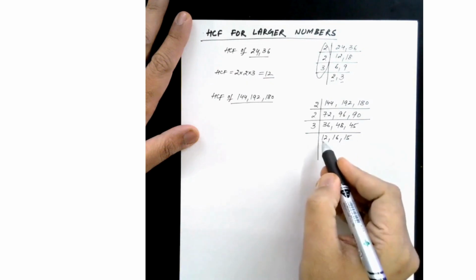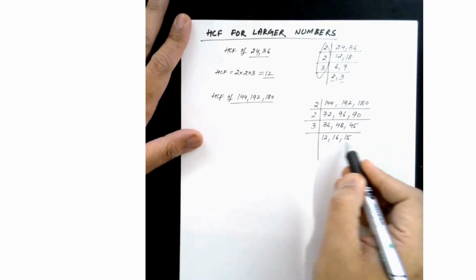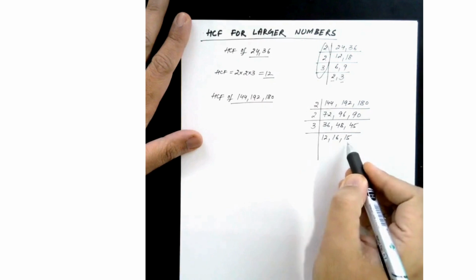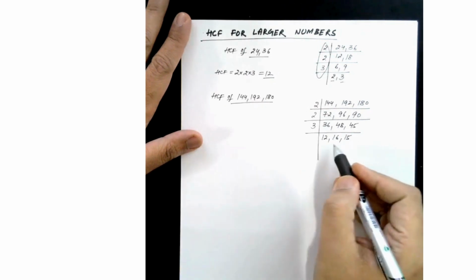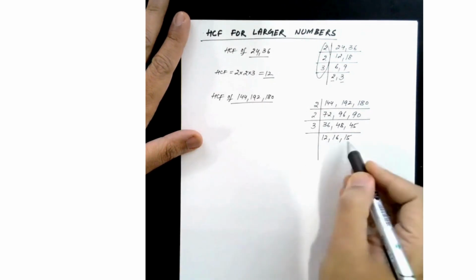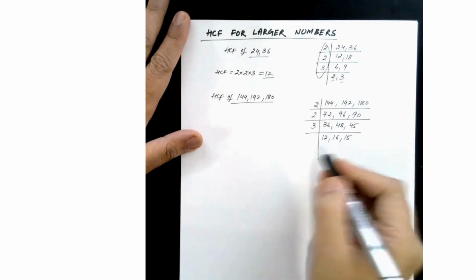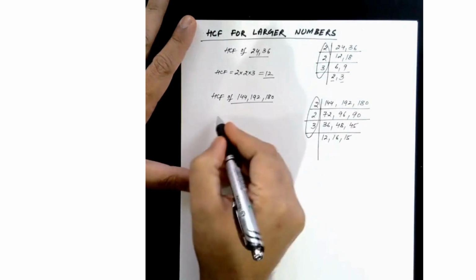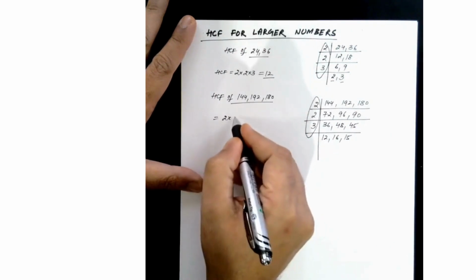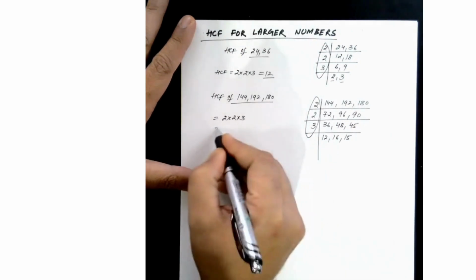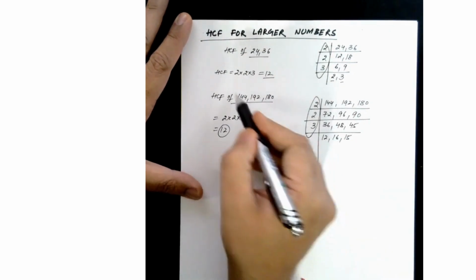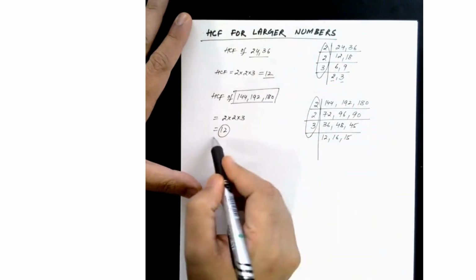Now you see there is no further common prime factor, because we cannot use 3, and we cannot use 4 or 5 or 7 or 9 or 11 and onwards. So these are the common prime factors we found. This is how easily we can find the HCF of these 3 numbers by this method, and this is 12.